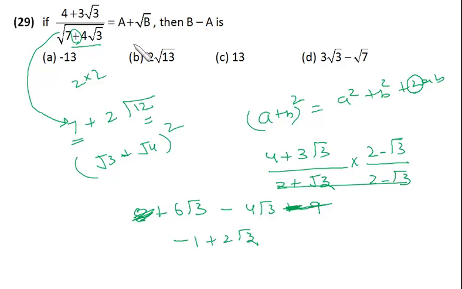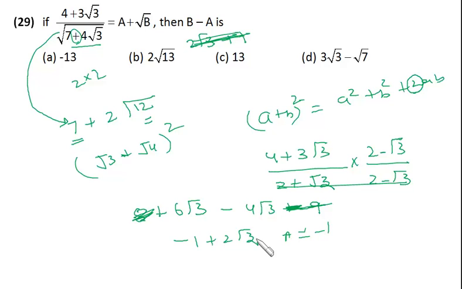Okay, now this is actually a plus root b. So root b is equal to 2 root 3. That means b is equal to 2 root 3. So b is 2 root 3. Okay, and a is minus 1. So it is 2 root 3 plus 1. I'm sorry, I made a mistake. Actually a is minus 1 and root b is actually 2 root 3.